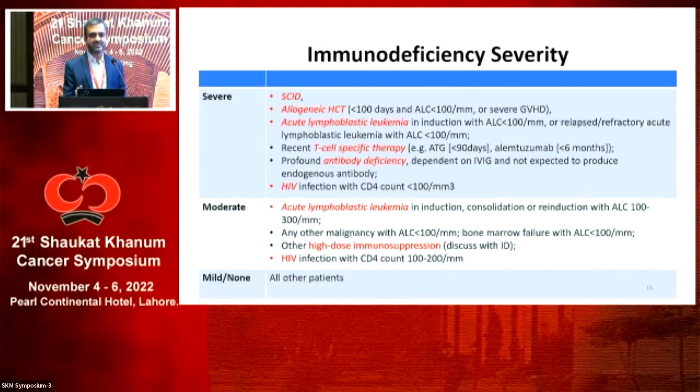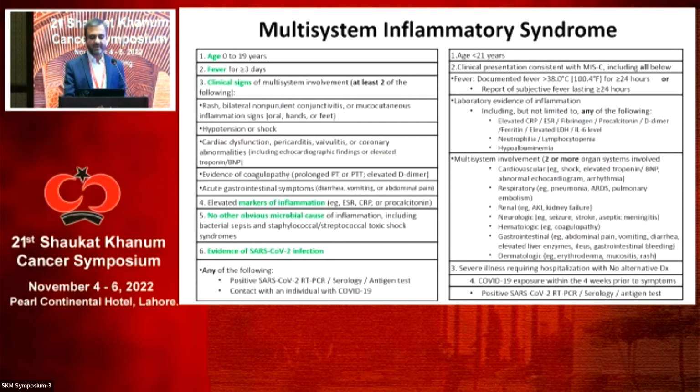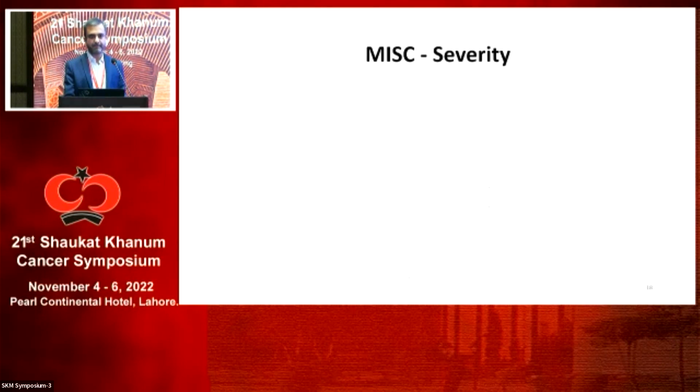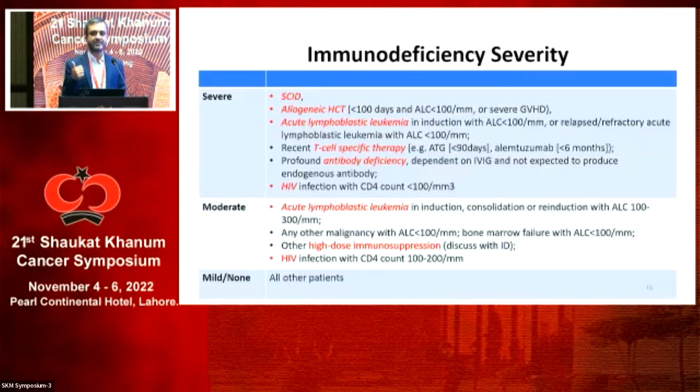So immune deficiency severity is also important to understand. I won't go into detail, because our decision about giving specific therapy to these children or escalating or de-escalating therapy depends on three things. One is hypoxia, the other is the severity of the COVID-19 disease, and the third is the severity of immune deficiency.